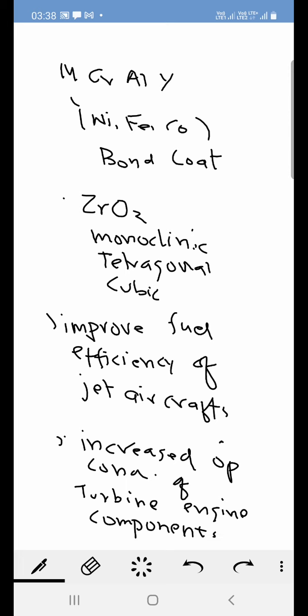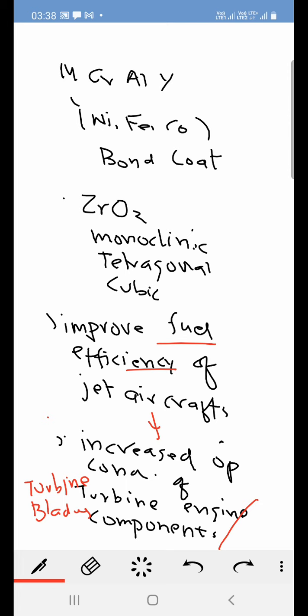In fact, to actually improve the fuel efficiency, we need to increase the operating conditions. And when we're talking about turbine engine components, we're mainly talking about the turbine blades. These are the main focus area of the components.